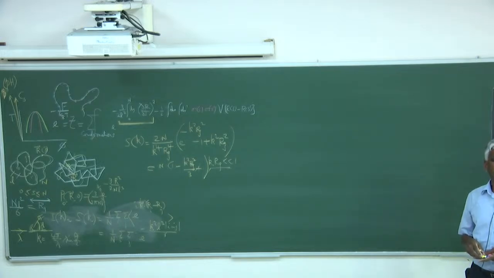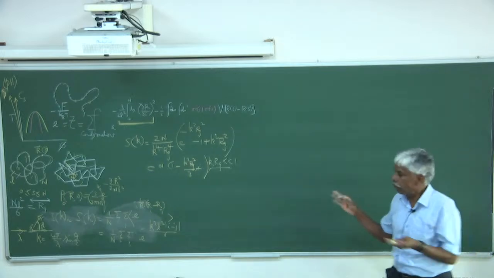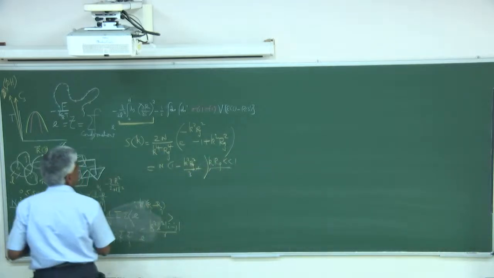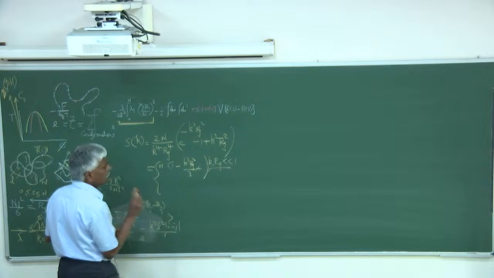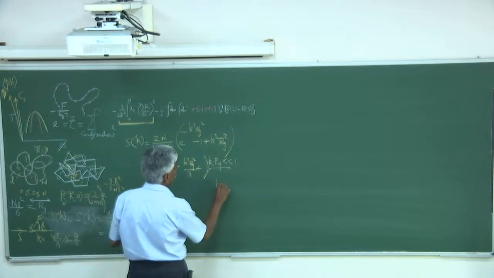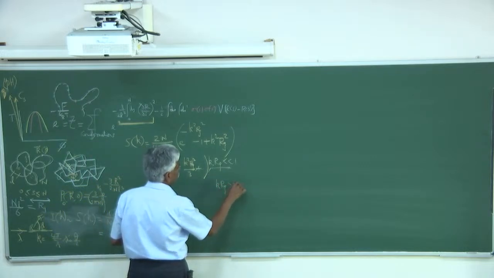I'm looking at k times Rg larger than 1. k is like 1 over length. When k is large, the observation length is small. That is the meaning of k being large.